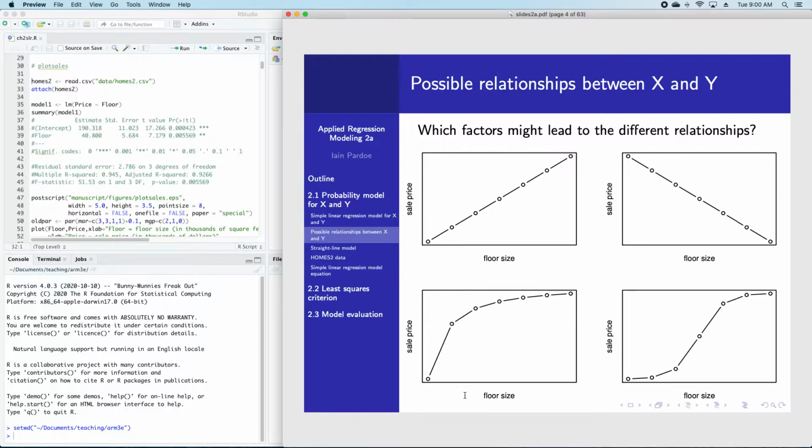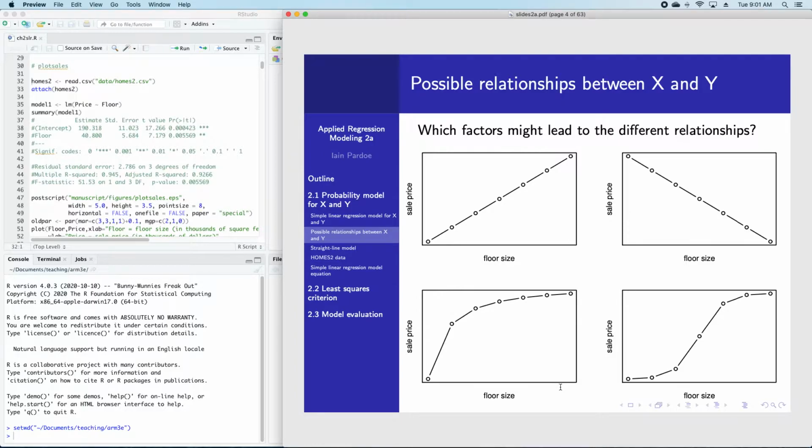This one down here in the bottom left, though, instead of a straight line relationship, we've got a non-linear relationship, or a curvilinear relationship. And here for small houses, which would be the ones on the left of the graph, an increase in floor size leads to a big jump in sale price, and then a slightly smaller one, and then a smaller one still, and so on.